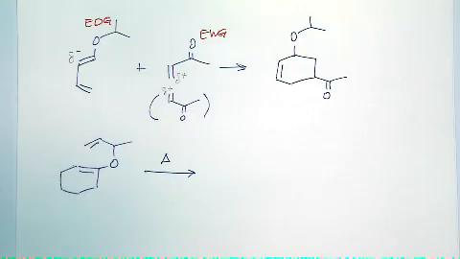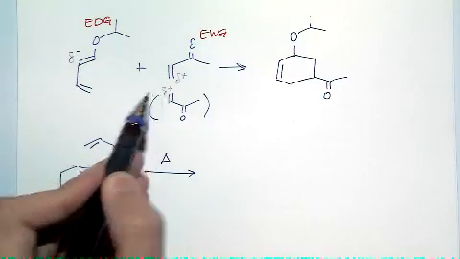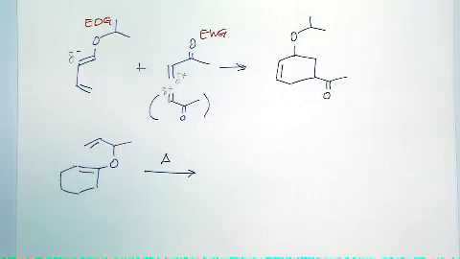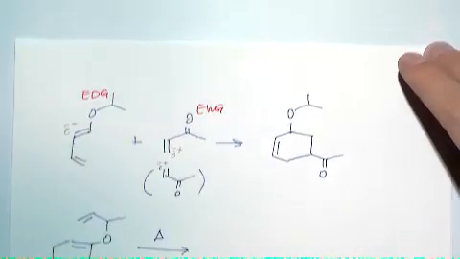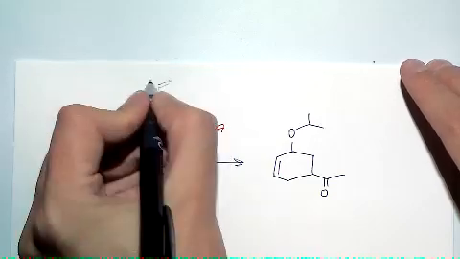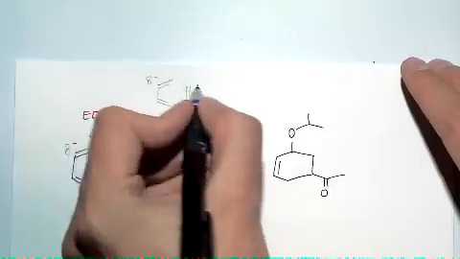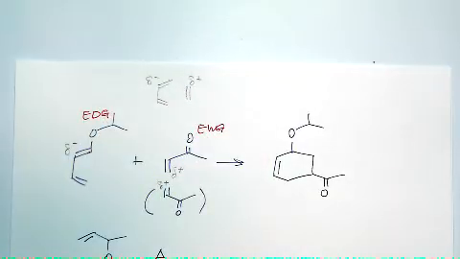Like, how did you know to flip the dienophile upside down? Yeah, because we want the delta minus and the delta plus to be close together when the reaction happens. Okay. So if our delta minus is at the top here in the diene, we want the delta plus to be at the top in the dienophile.